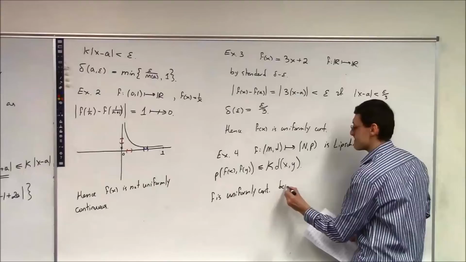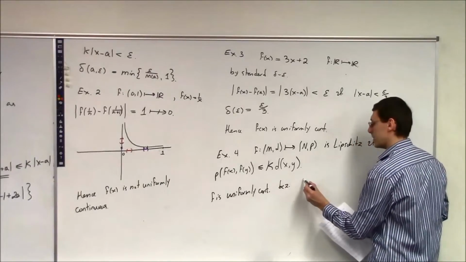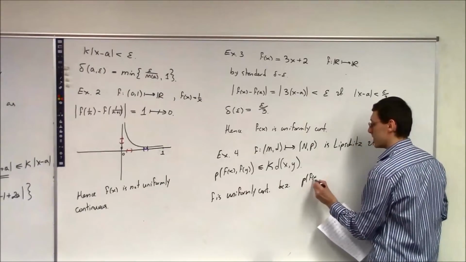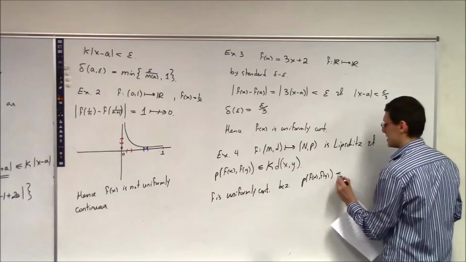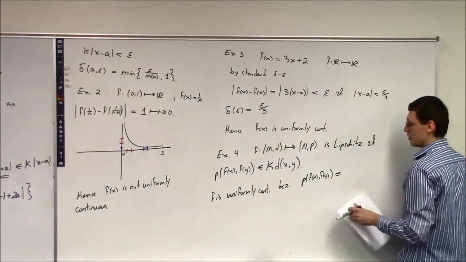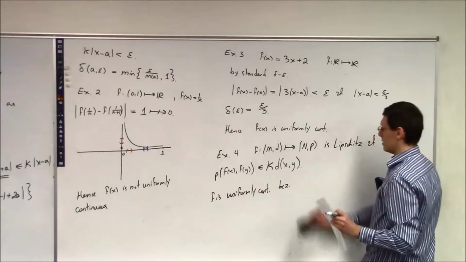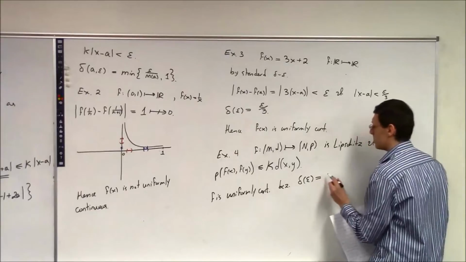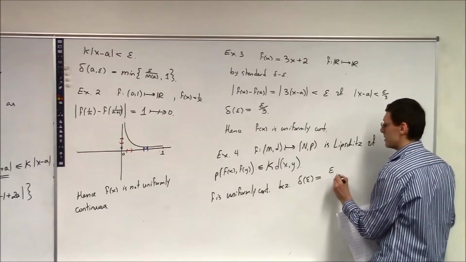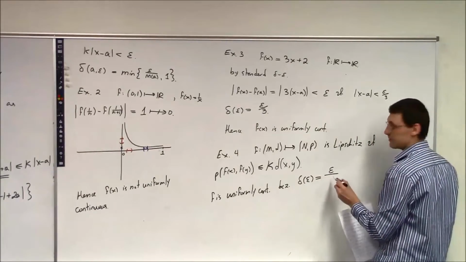Because we can take rho of f of x, f of y, it's less than or equal to, I can say just simply delta of epsilon equal to epsilon divided by k.